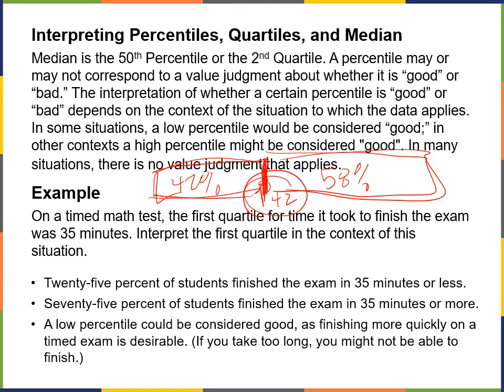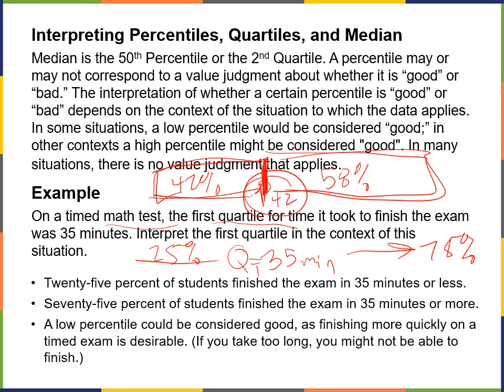So if you looked at, say, an example of a timed math test, we talked about the first quartile for the time it took to finish the exam being 35 minutes. What could you interpret from that? Well, if Q1 is 35 minutes, that tells me that 25% of my data values are less than that, and 75% of my data values are more than that.